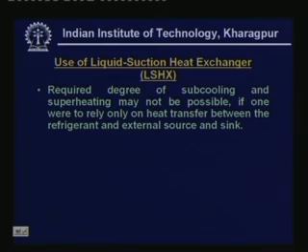Now let us look at the use of liquid suction heat exchanger. So this is a modification over the simple cycle. Now we have seen that you can provide certain amount of subcooling and certain amount of superheating using the temperature difference available between the refrigerant and the heat source and sink. But there are certain restrictions, as you have seen, that is restricted by the available heat source and sink temperatures, and also on the additional area that you are providing.